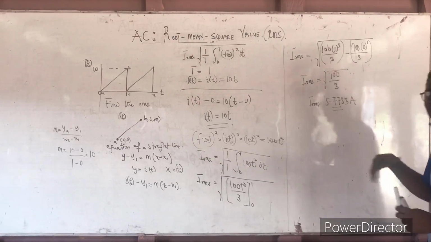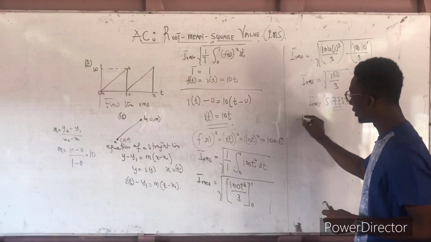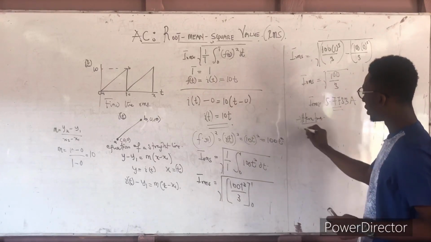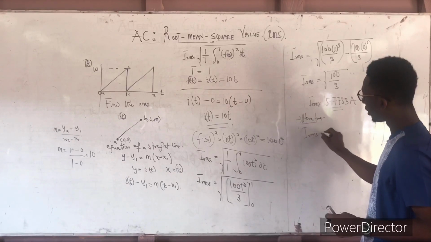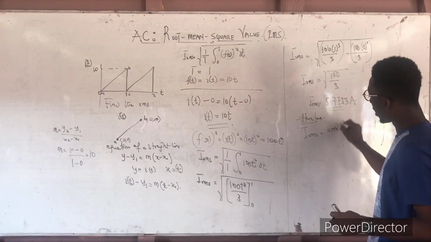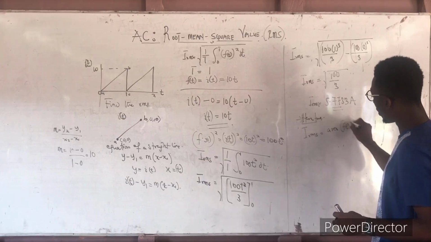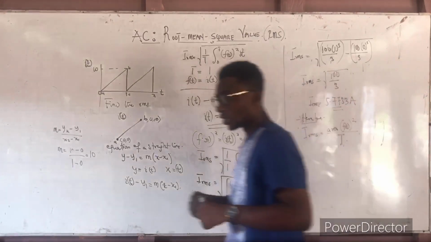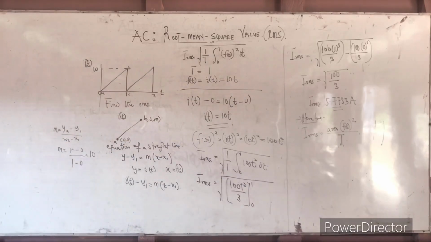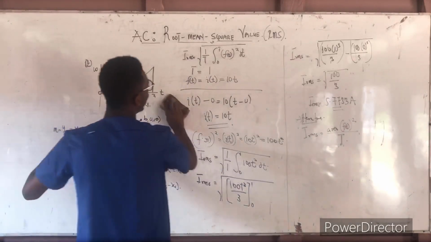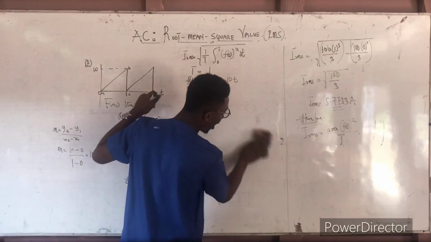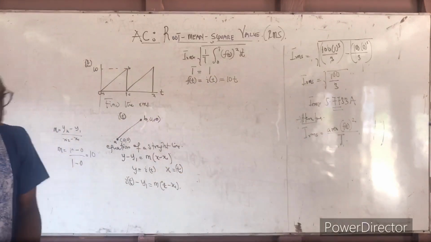But aside from this, there is an alternative way to simplify it, and the alternative way is that the IRMS is also equal to the area under the function squared divided by the period. So you can decide to find that area and divide by the period.